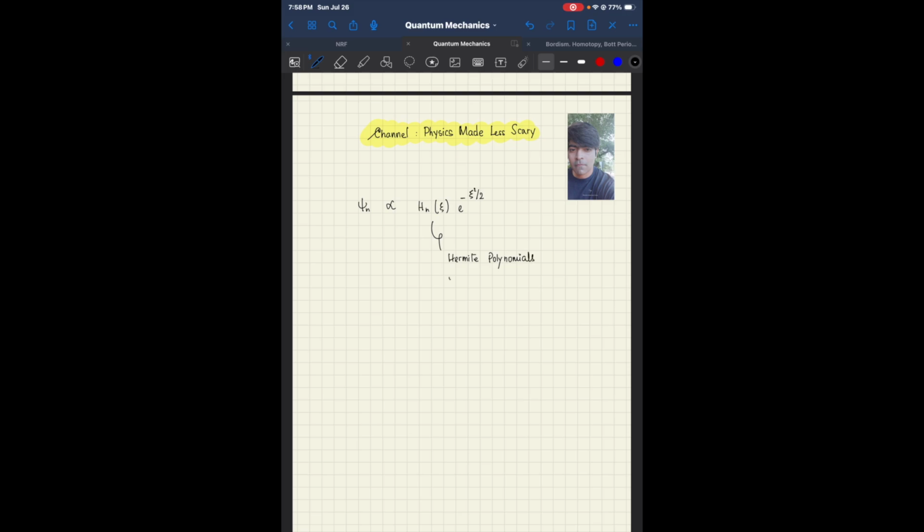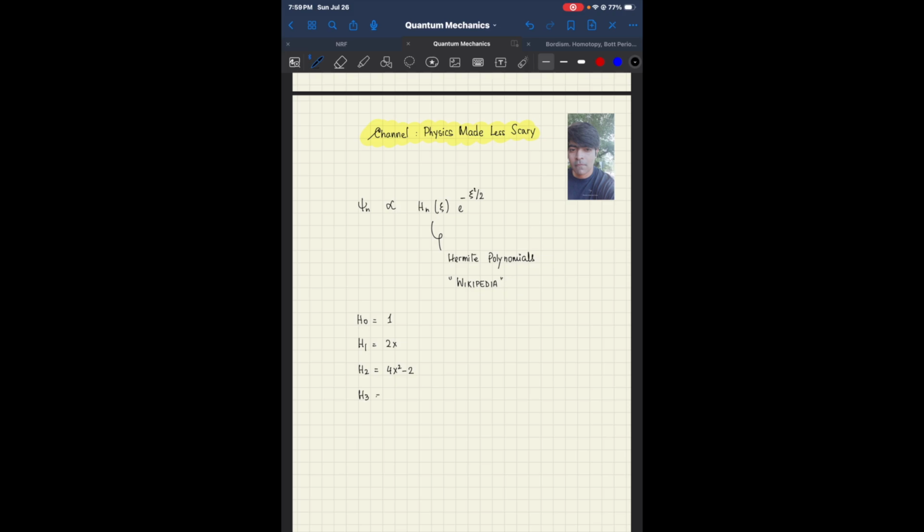And you can look them up in Wikipedia if you're interested in their general form. I think Griffiths gives you the first few, right? H0, for example, is simply 1. H1 is 2x. H2 is 4x squared minus 2.